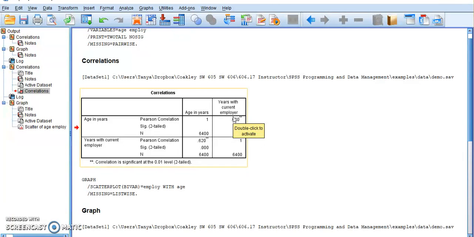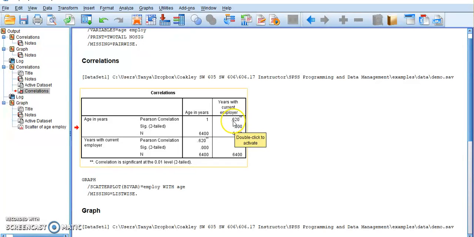That's a weak relationship. A 0.1 is also weak. A negative relationship does not indicate a weak relationship necessarily. We're just looking at the absolute value, whether it has a plus or minus beside it. Positive or negative, we're just looking at how strong the value is.